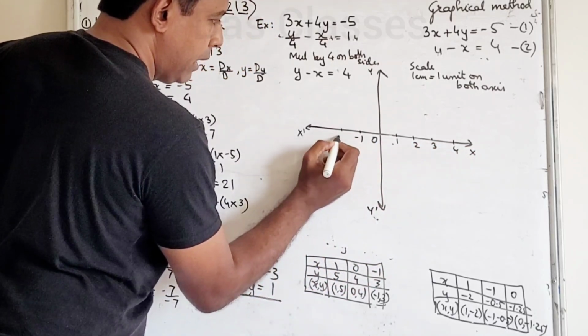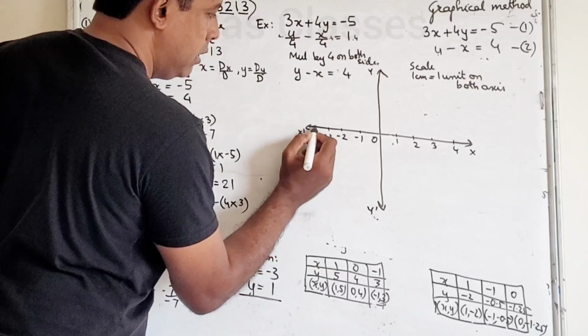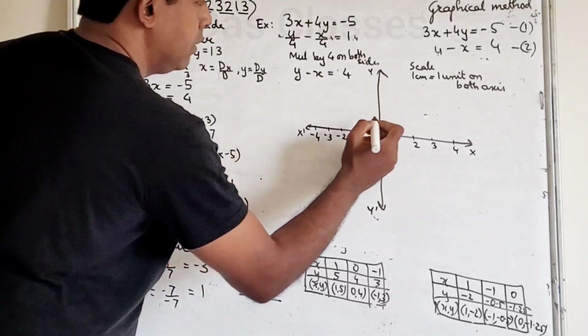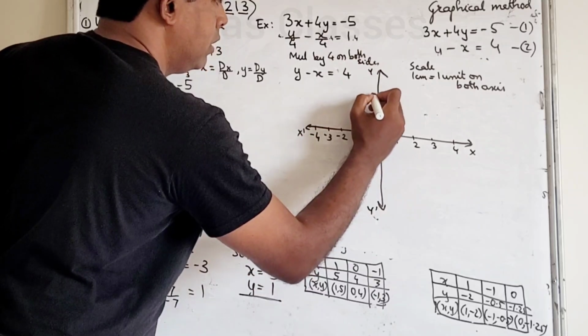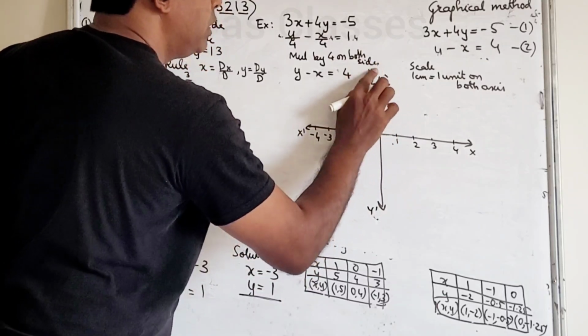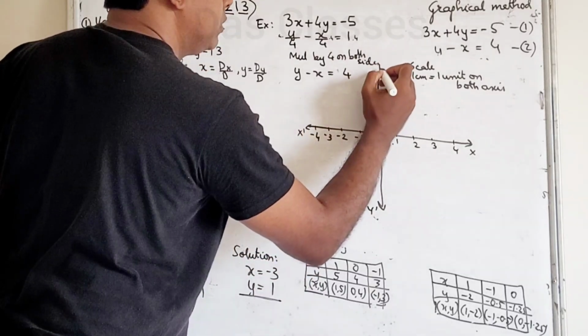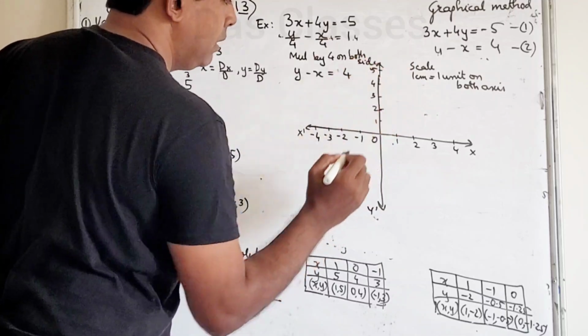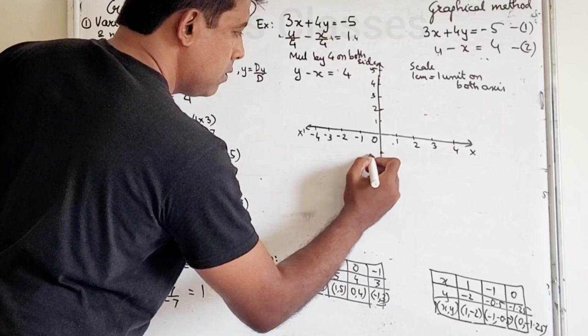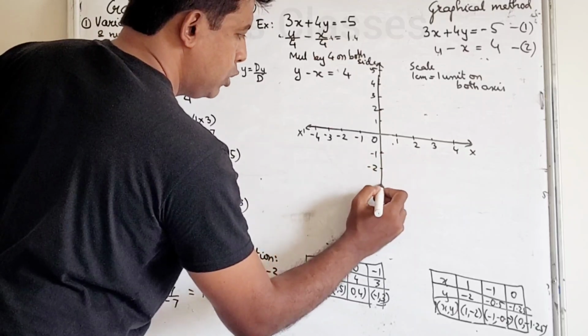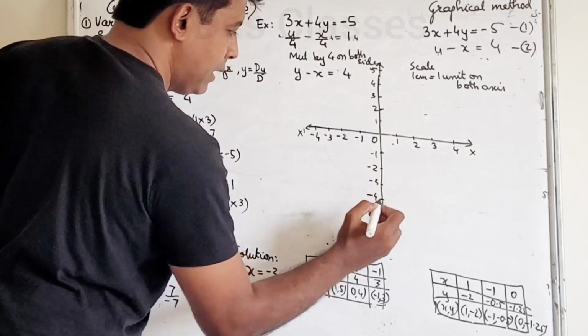This side negative, minus 2, minus 3, minus 4. Here 1, 2. In the graph paper, it's very easy to do these things because they are properly marked. Minus 1, minus 2, minus 3, minus 4.